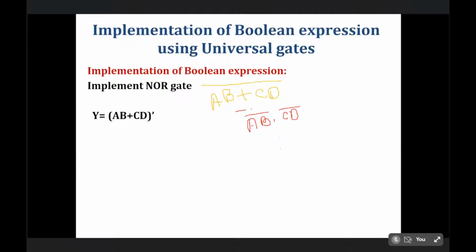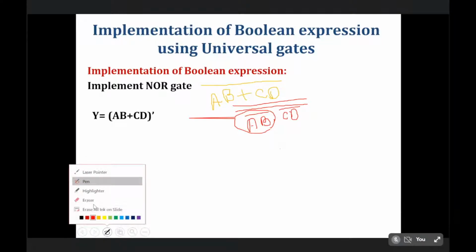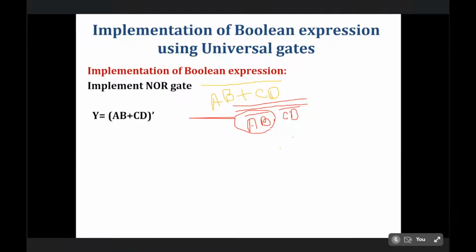We have to make the complement of the complement. So if we solve this thing, taking this one variable and this one as the another variable, what will happen here?